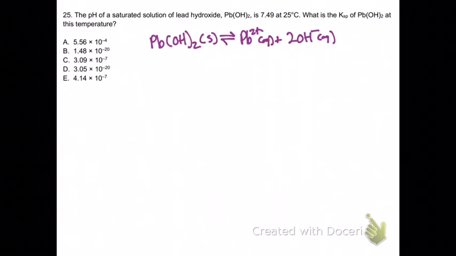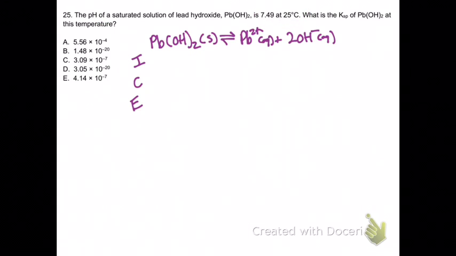All right. Now then, usually we use variables in an ICE table, but in this case we don't have to, because we're actually given information about one of the concentrations. We're told that the pH of the solution is 7.49 at 25 degrees Celsius.